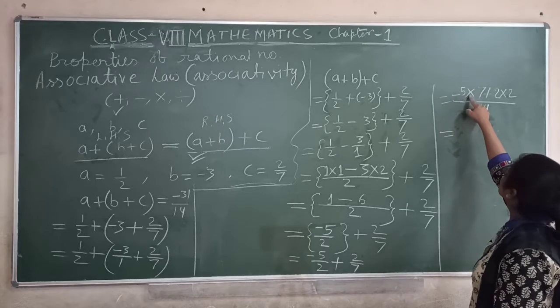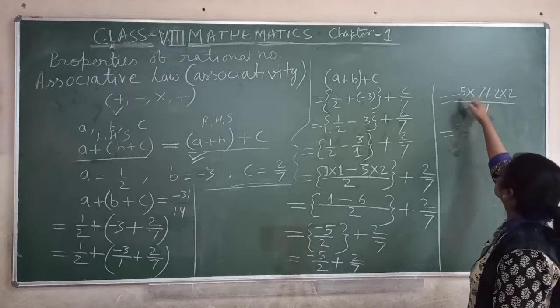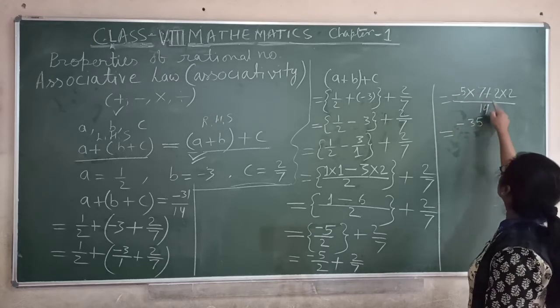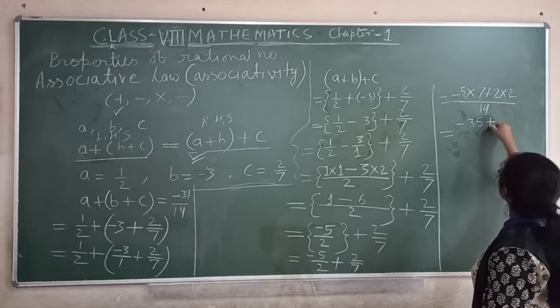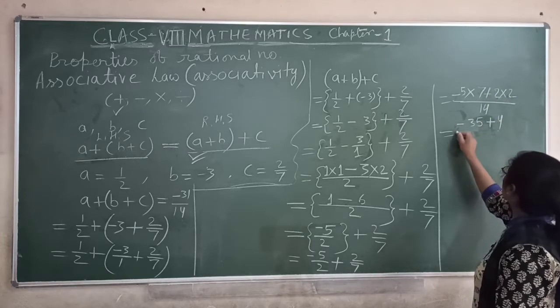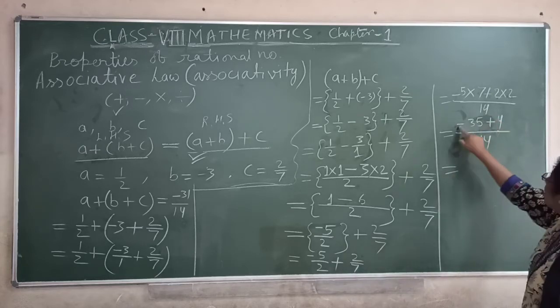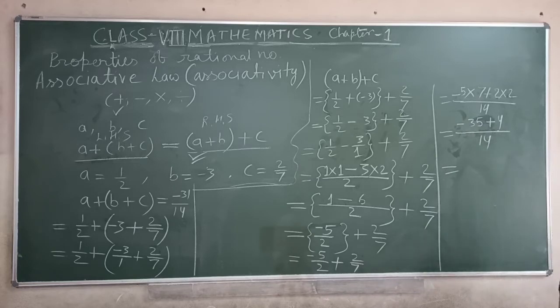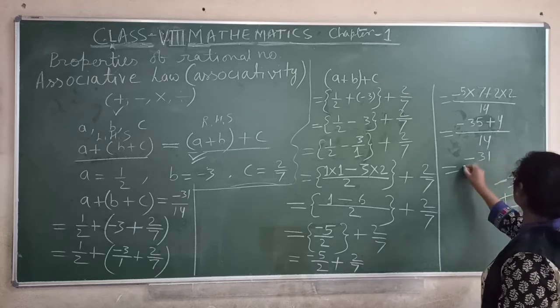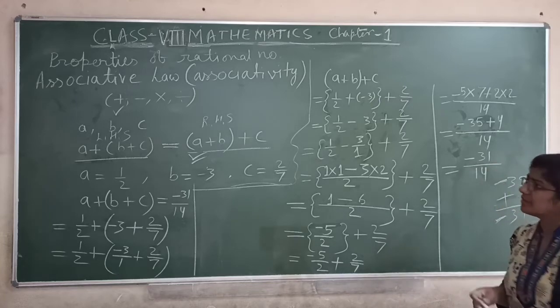So this is minus into plus. Minus 7 fives are 35 and here both are plus. So plus into plus, plus 2 twos are 4 upon 14. One is positive, one is negative. So we will do subtraction. 35 minus 4 you will do and here sign of greater number, here minus, here plus, so we will apply minus here. Answer will be minus 31 upon 14.